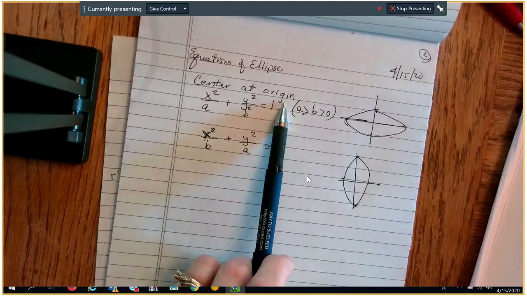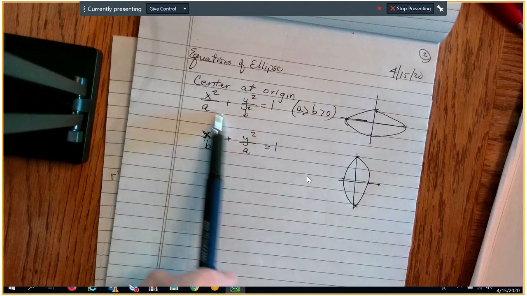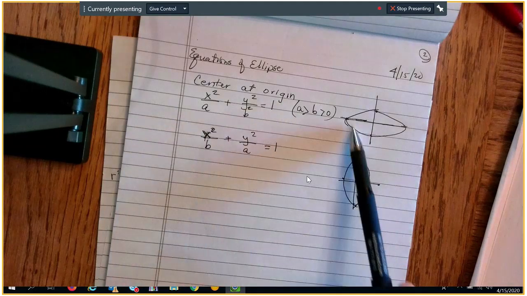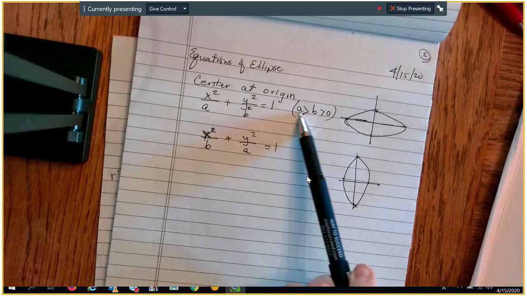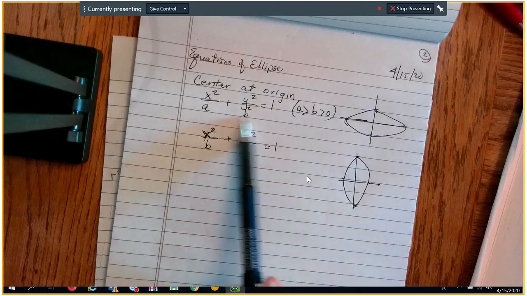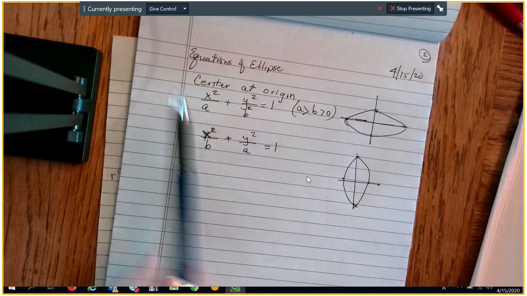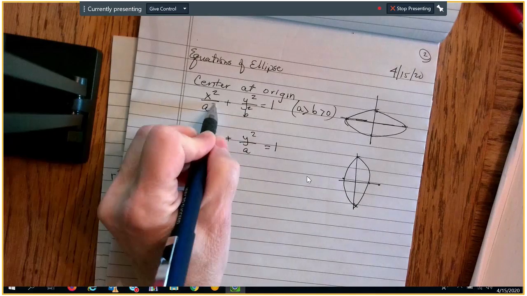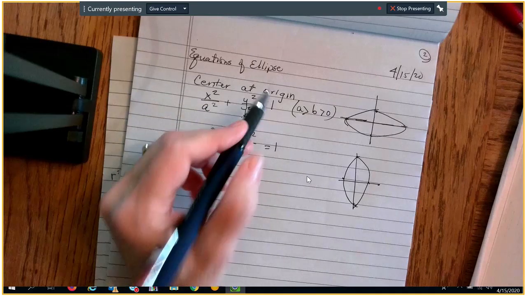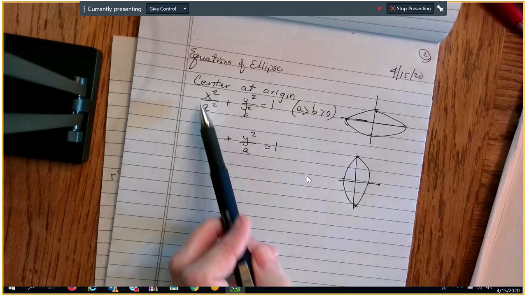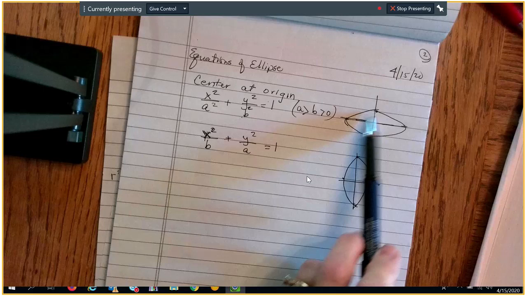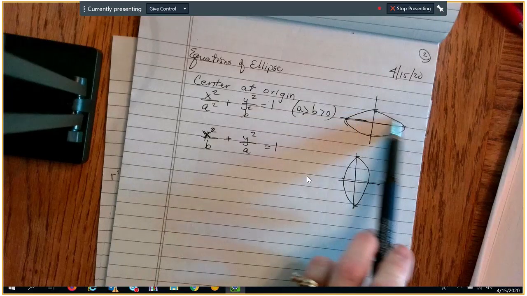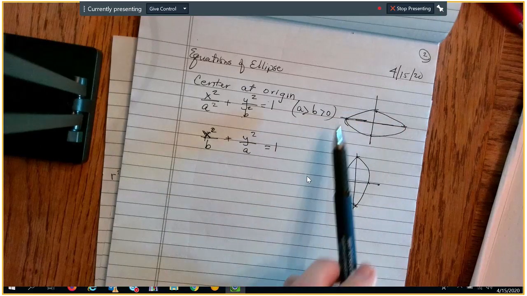But when we have the center at the origin, and we know that a is greater than b, and b has got to be greater than 0, otherwise we would have something undefined here: x squared over a squared plus y squared over b squared equals 1. That's when our ellipse's major axis is going to be on the x-axis.